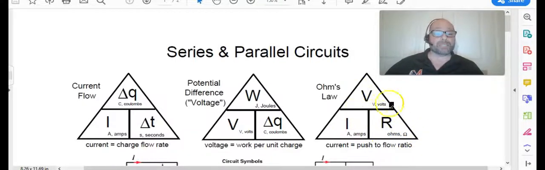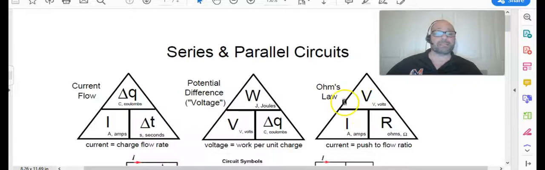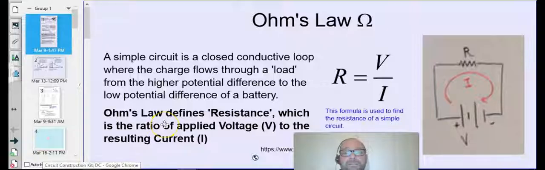How much electrical push, which is going to turn out to be your voltage or potential difference, and how much a particular material in the wire, be it copper or tungsten or other materials, resists the flow. We're going to get a lot into this discussion right in a moment.